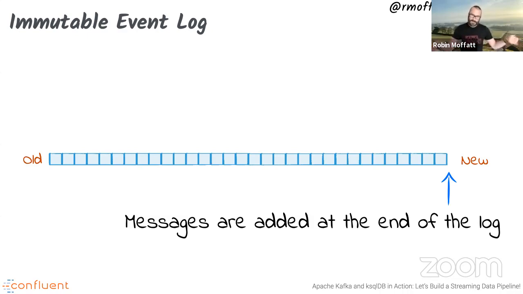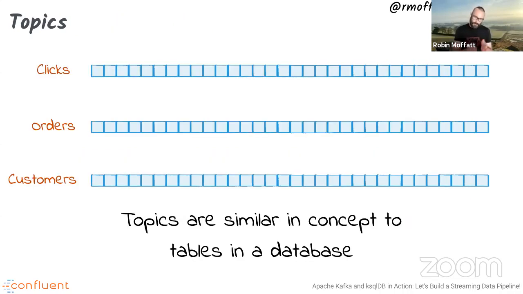So we have this distributed commit log, and to be able to use it as developers, we carve it up into what are called topics. Topics are ways of organizing the data, kind of similar to a database table, if you're from that kind of background. Here we have our different types of events that are happening in the world, things like clicks on a website or orders being placed. Topics are sections of the log, this immutable, append-only, unbounded stream of events.